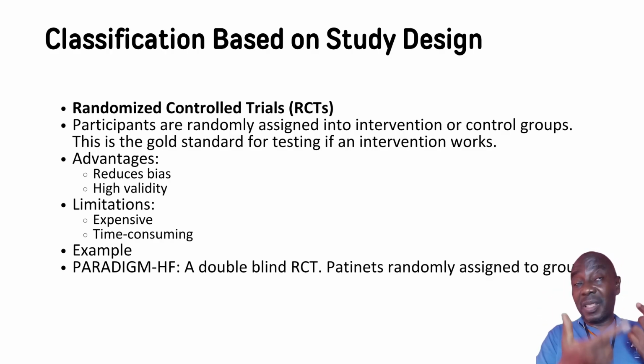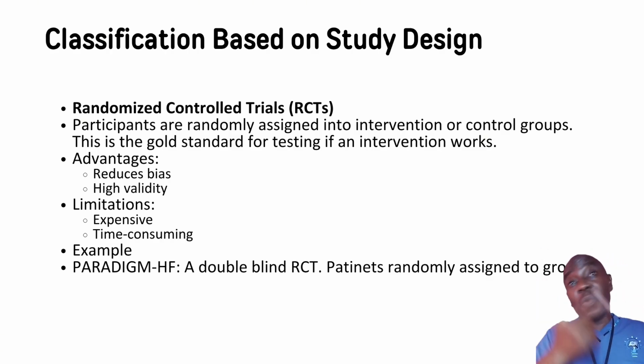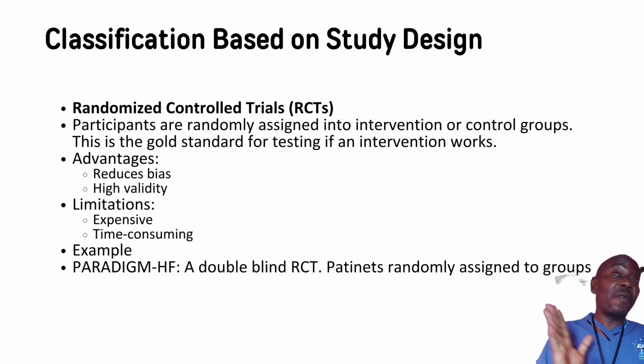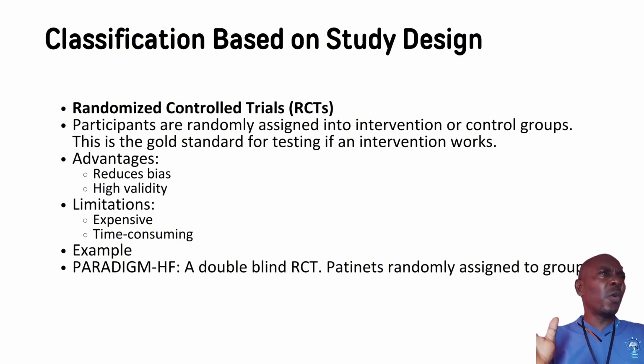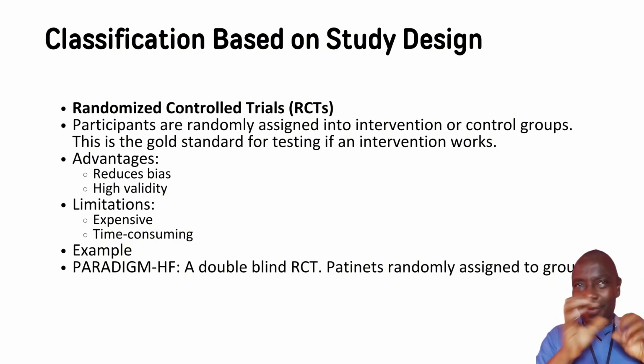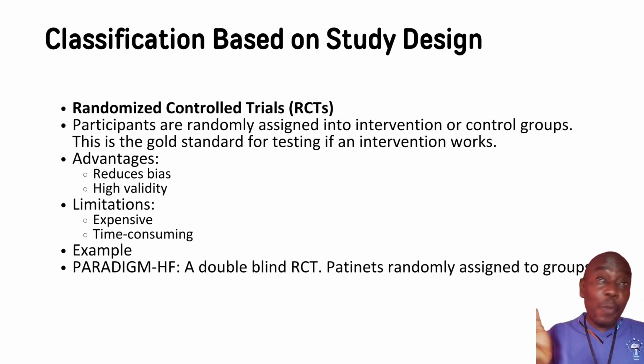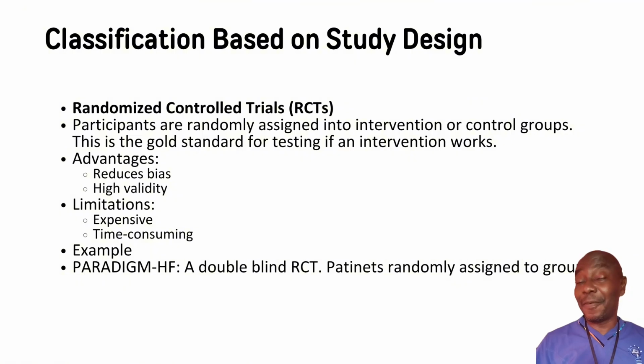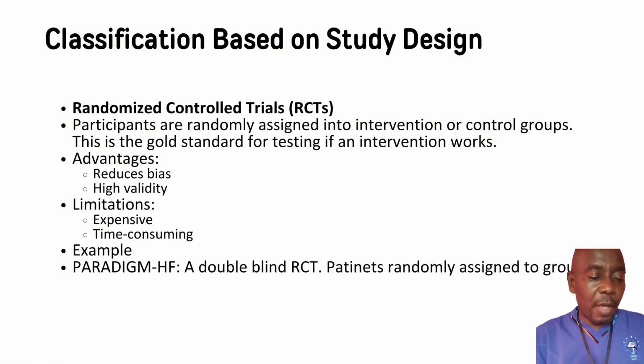We can just tell them to count 1, 2, 1, 2, 1, 2, and so we have two groups already, instead of us choosing who goes where, so that we don't introduce bias to the work. The limitation of RCTs is that they are expensive and time consuming.